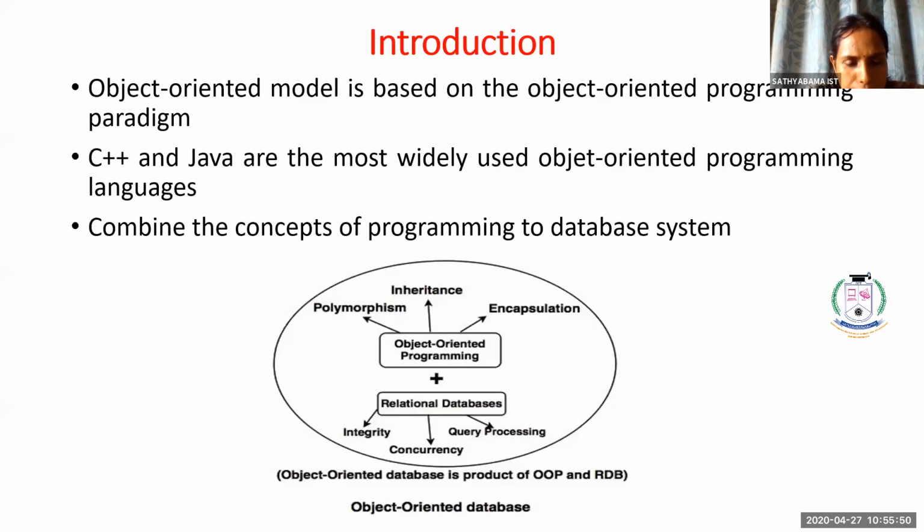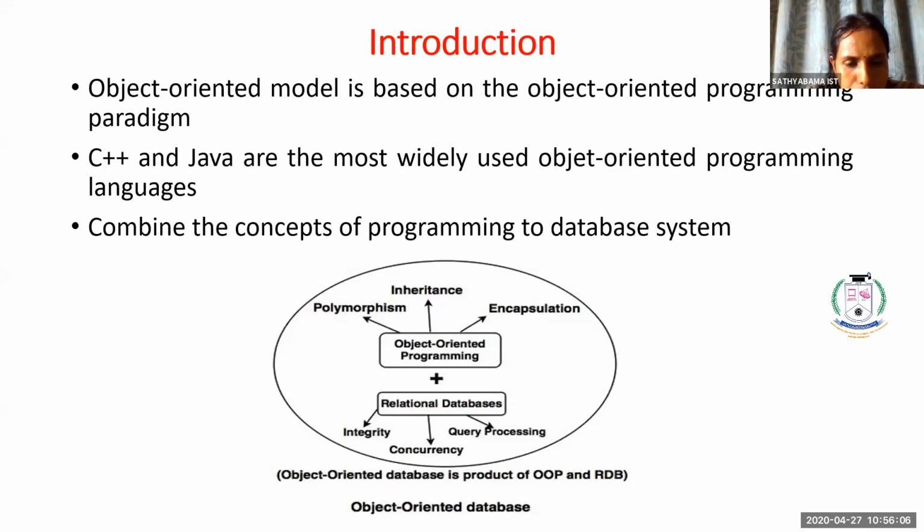So concurrency means many transactions you are able to execute at a time. And also the query processing as well as the query optimization is common for all your database models.